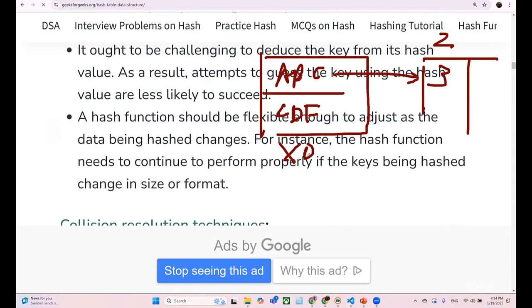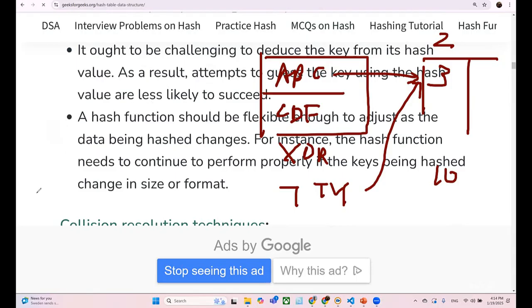Another one, AXDR, may hash to 10. This is a hashing function. You don't have control over it. But there may be another one called TTY, and it also hashes to 3 using the hash function. In this case, we call it hashing collision.